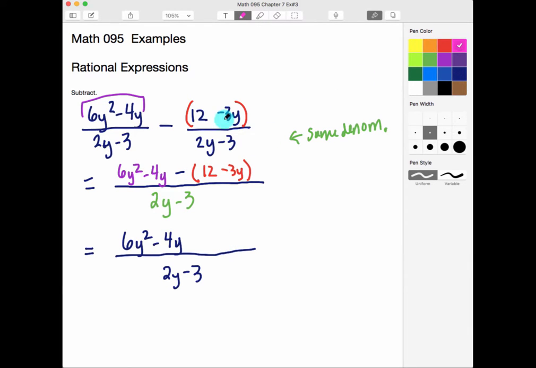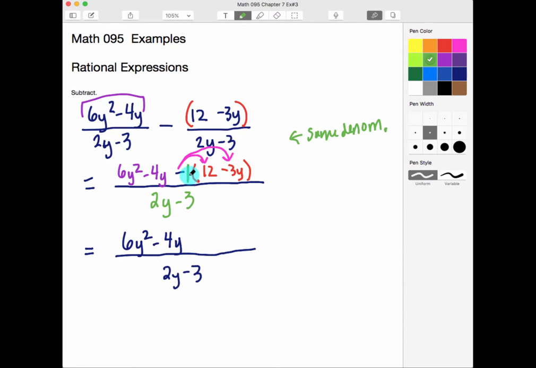So we'll go to our negative sign and multiply that by the 12, and then distribute again to the negative 3y. If it's helpful, you can put in a 1 in front of the parentheses, so it looks like you're actually multiplying a number times something else instead of just this negative sign that's flipping signs.